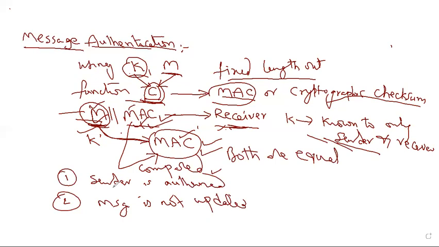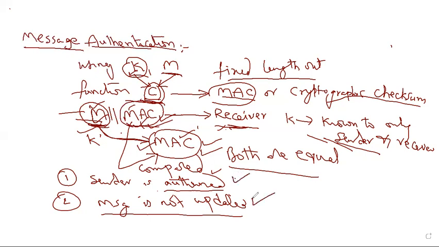So from this comparison he confirms that the sender is authorized, because only the authorized sender and receiver know this key, and that the message is not updated, because the generated MAC code matches the received one.